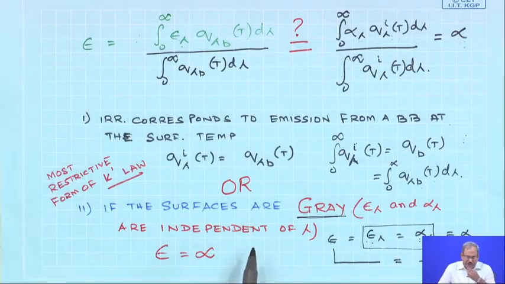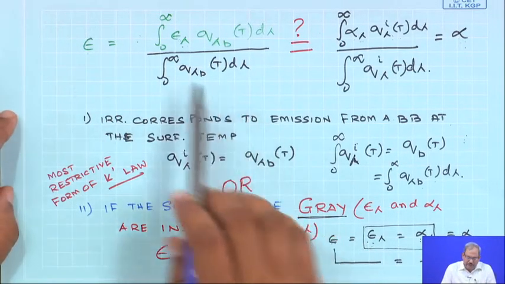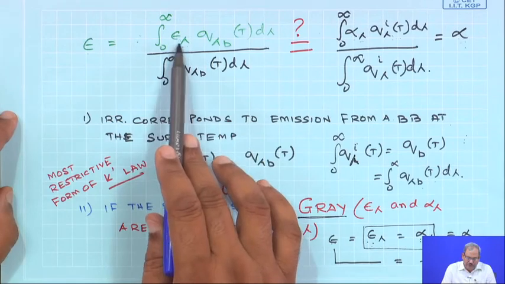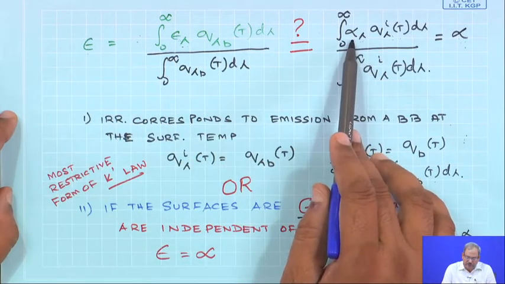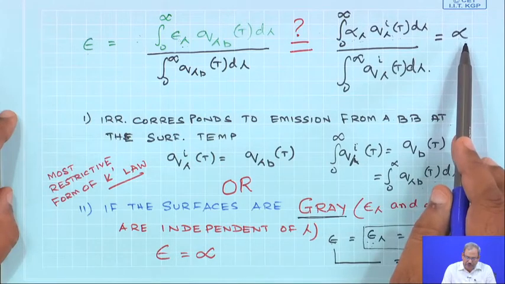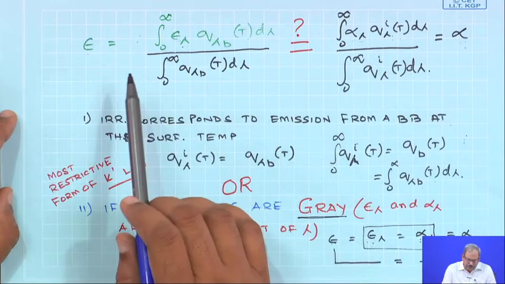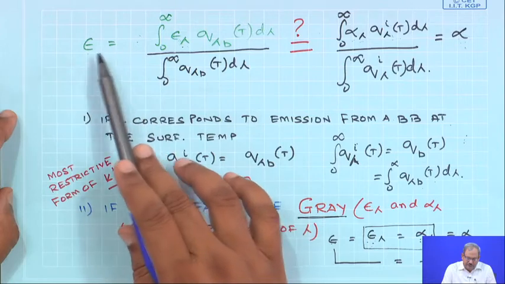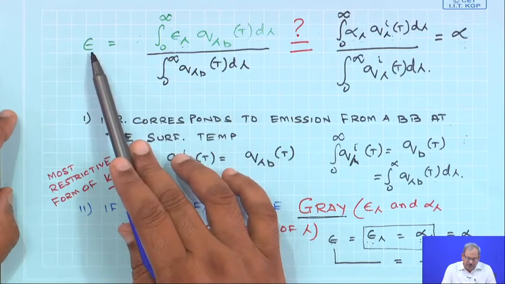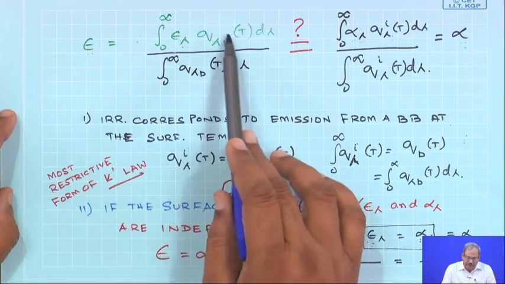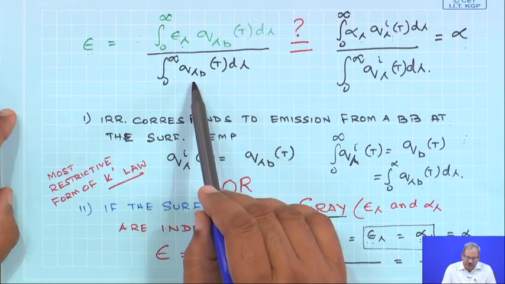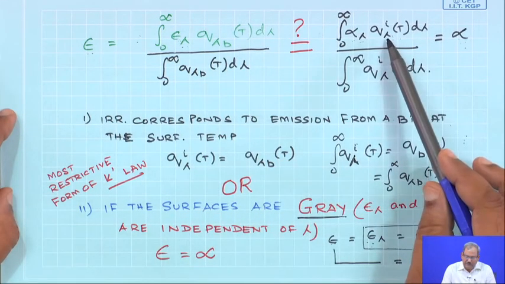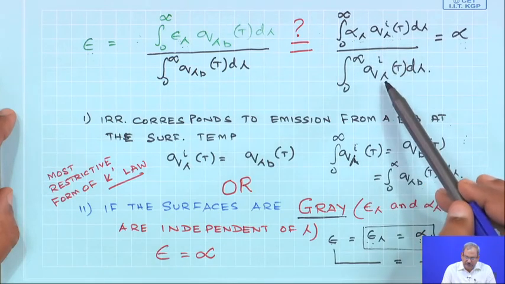The question becomes more critical if you would like to go from the spectral emissivity to the overall emissivity, or from the spectral absorptivity to the absorptivity itself. By definition, the overall emissivity is simply, this is the emission from a black body, this is also from a black body, this is the incident radiation, and this also is the spectral incident radiation.